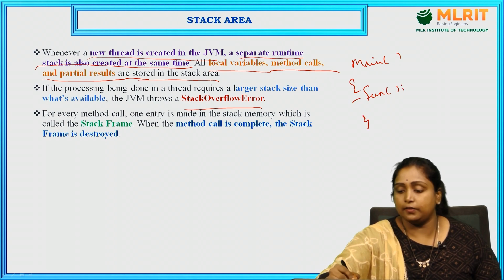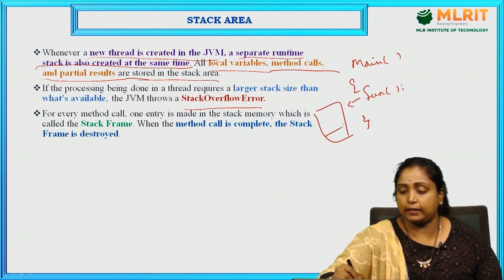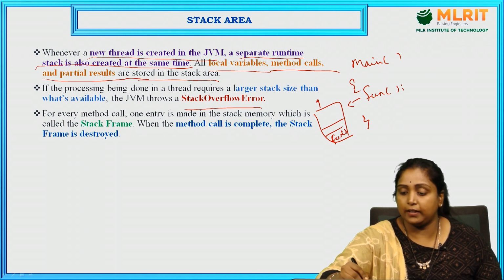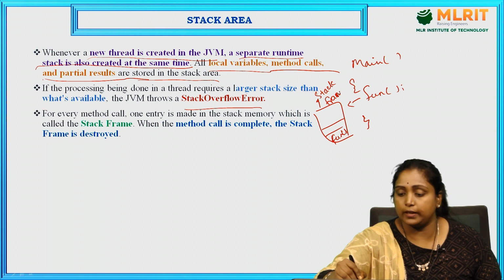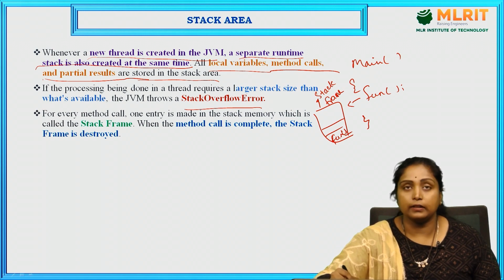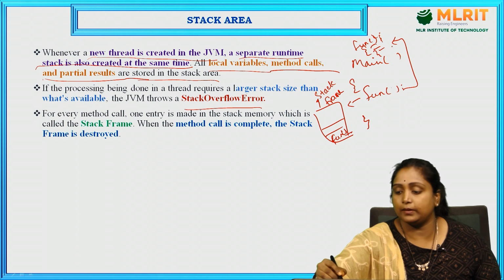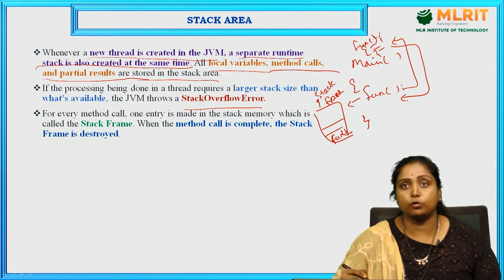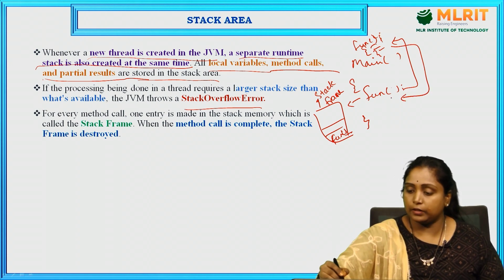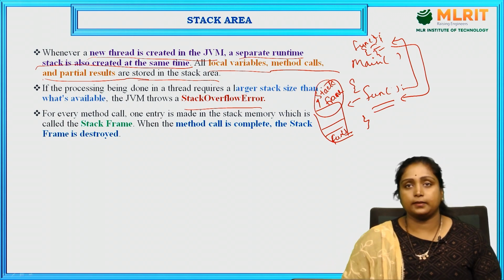This function will be stored in the stack area. This is called a stack frame. When I call this function, it goes to the method and executes all the statements, and the control comes back to the main function and goes to the next step, then this frame would be destroyed.